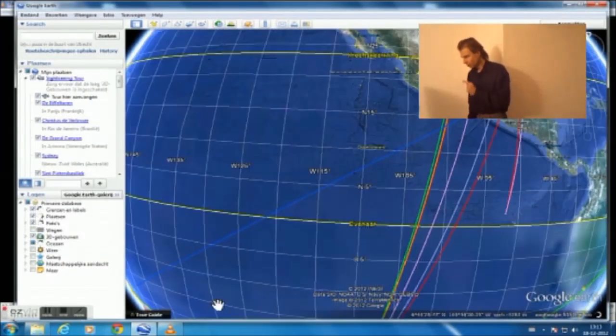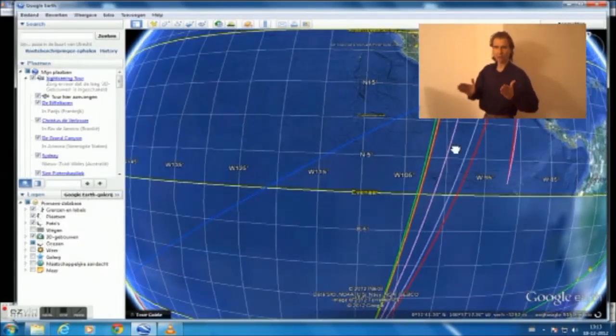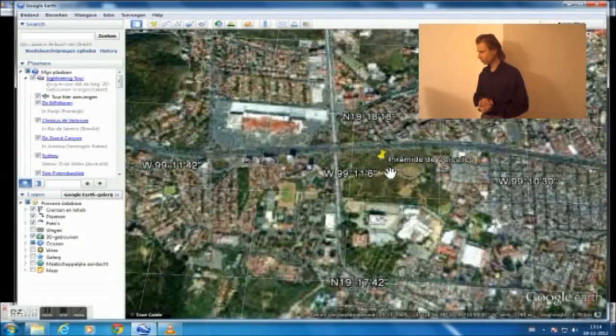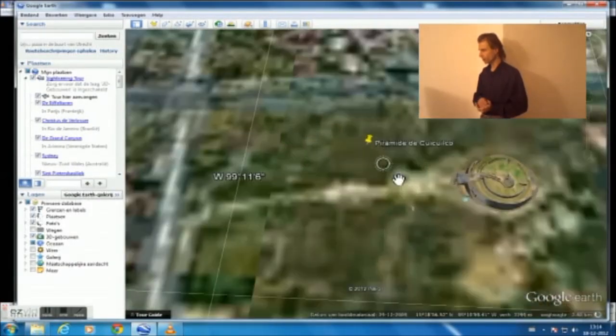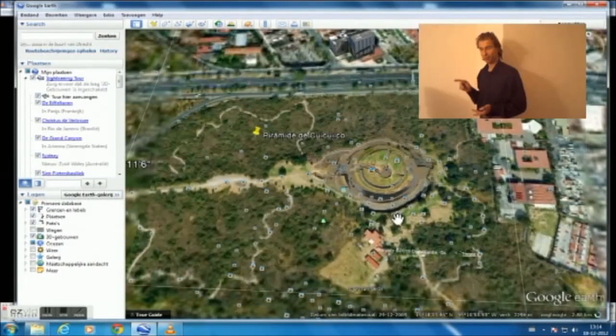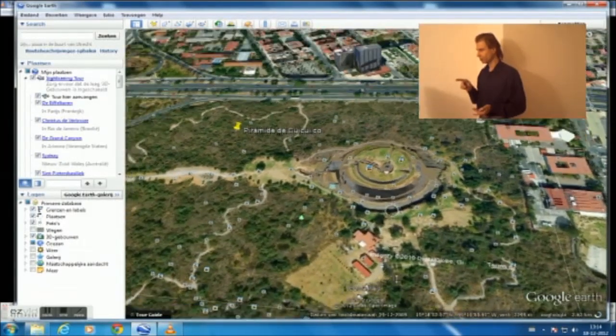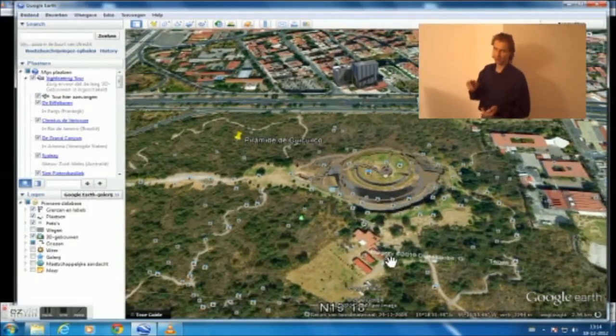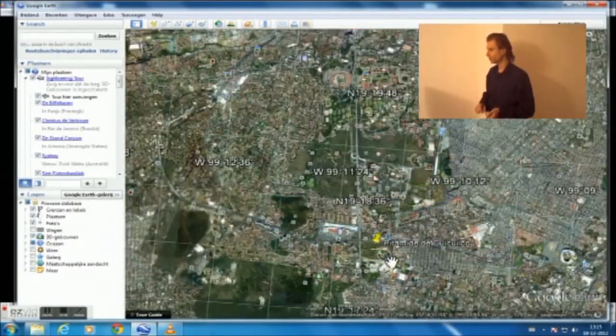We know about square and rectangular pyramids, but in Mexico there are also round pyramids, like this one. This round pyramid is also connected with Easter Island. But first I'm going to show you the connection with Tahiti.